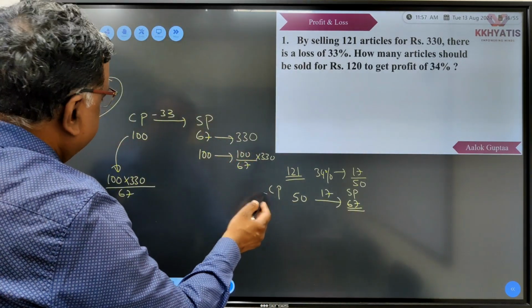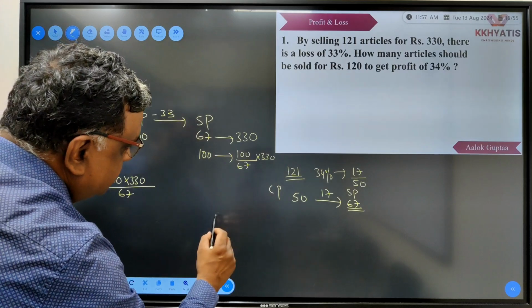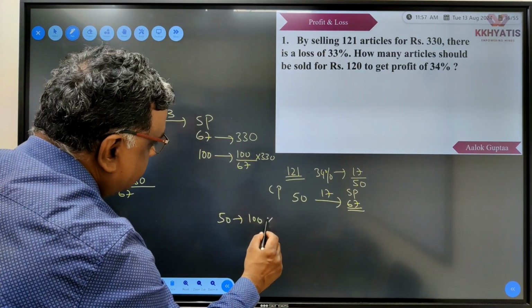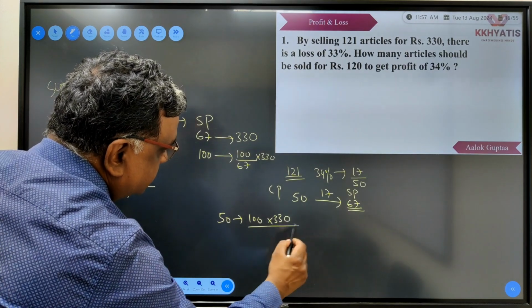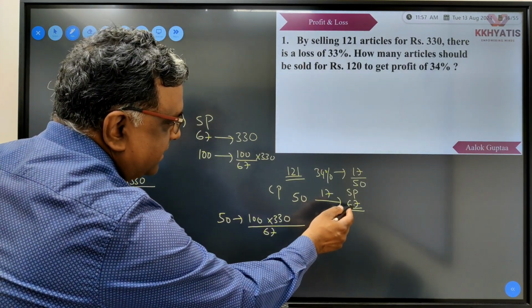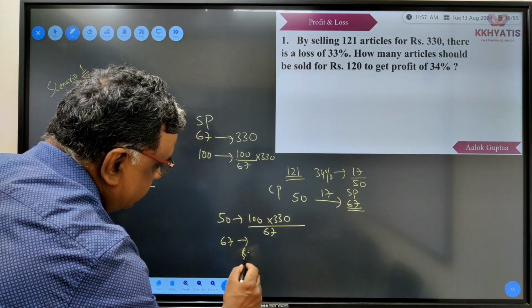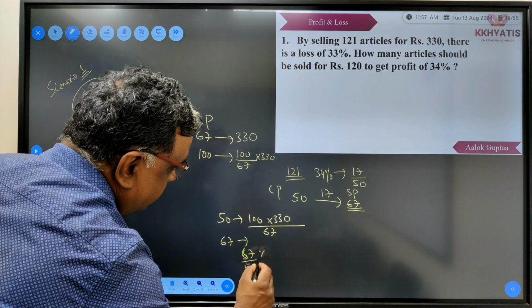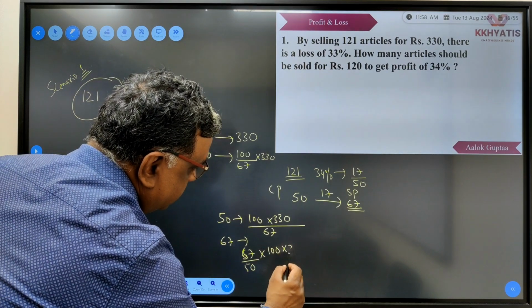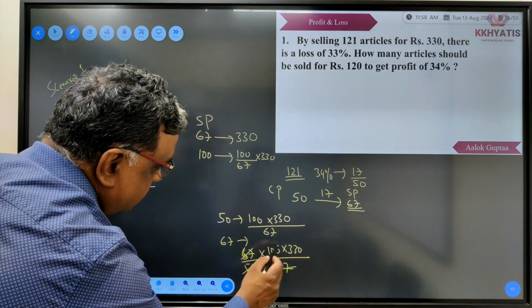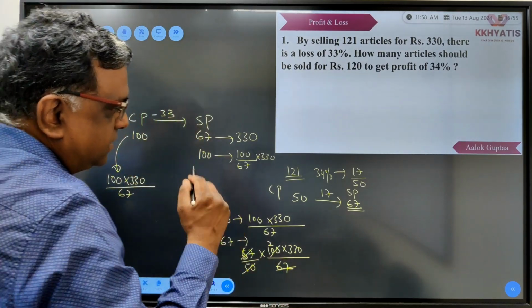But CP we have already calculated here. So this value of 50 corresponds to 100 into 330 upon 67. So what will be the SP? What will be the value of 67? It will be 67 upon 50 into 100 into 330 upon 67. The 67 gets cancelled, and we get 660.